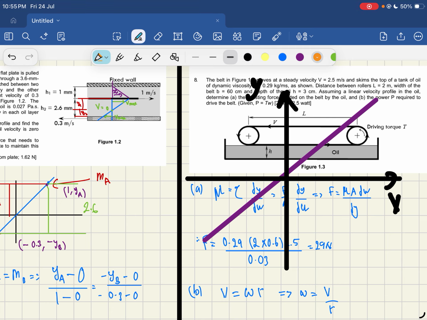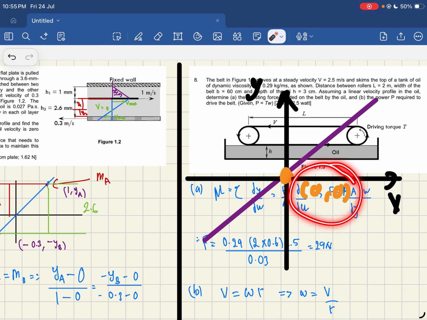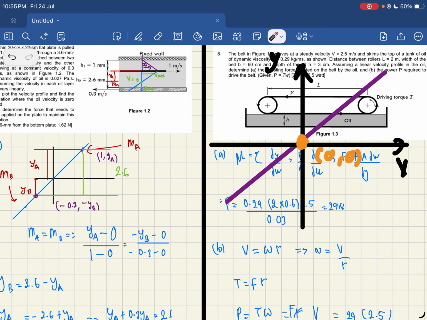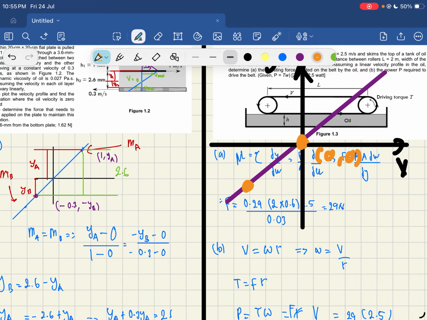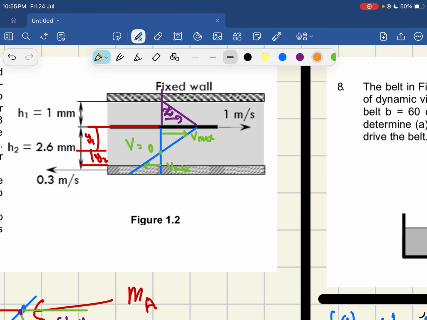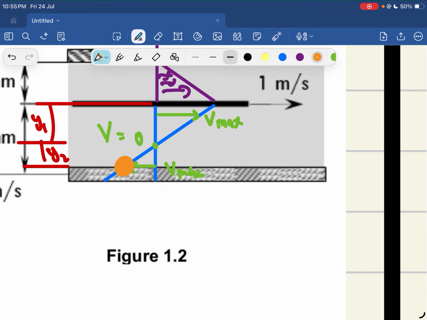We allocate 3 points. The first point is at the middle, at the point 0, 0, where the velocity is equal to 0, and we make this point our reference for the y-axis. So the y-axis we allocate as 0, and we have a second point located at the lower part of the graph, which in this question will be at this point.